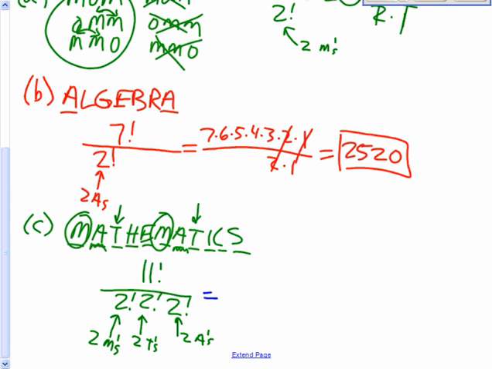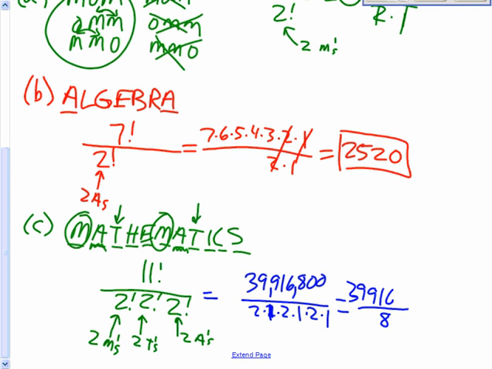11 factorial, and there are also factorial keys on your calculators as well. That's 39,916,800, and on the bottom I have 2 times 1 times 2 times 1 times 2 times 1, so we get an 8. 39,916,800 divided by 8 equals 4,989,600.